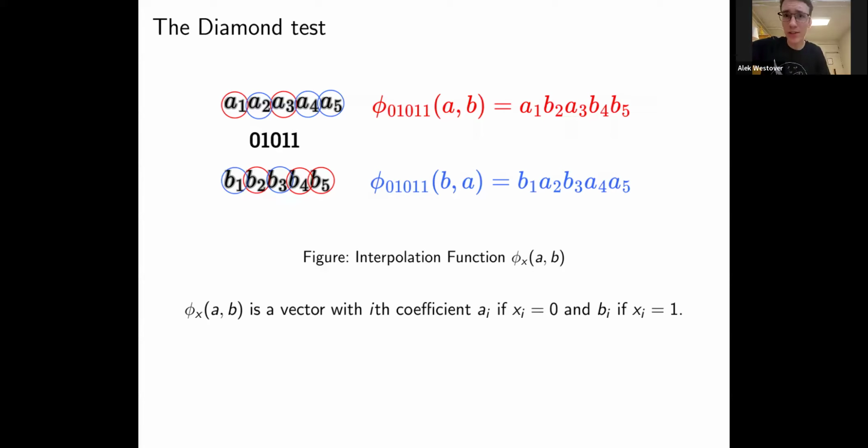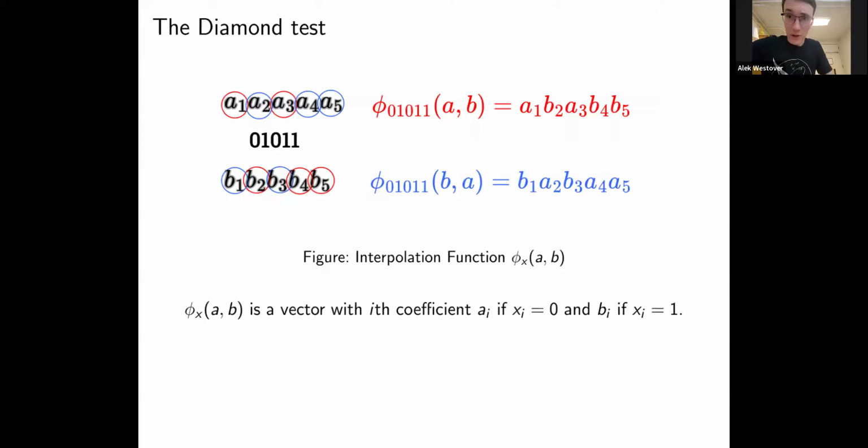So here we have an example. If the interpolation string is 0, 1, 0, 1, 1, then we'll take A1, B2, A3, B4, and B5. And if you flip the coordinates, you'll get the opposite of what you take.